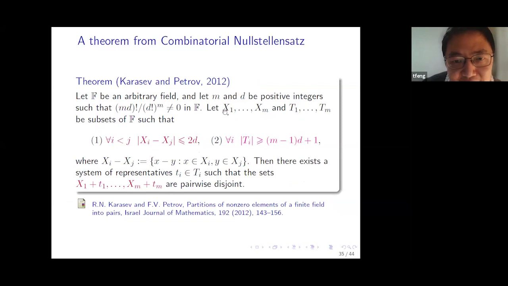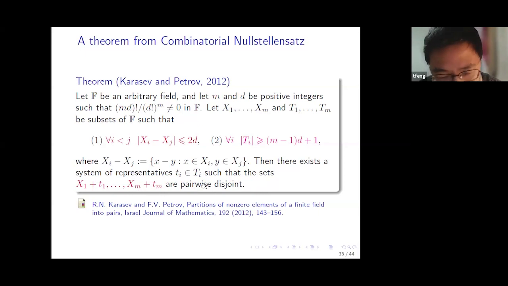Let X1, X2, ..., Xm, T1, T2, ..., Tm be subsets of F, satisfying the following two conditions. Then there exists a system of representatives ti belonging to capital Ti, such that the sets are pairwise disjoint.